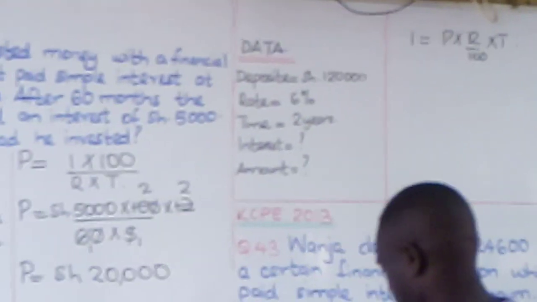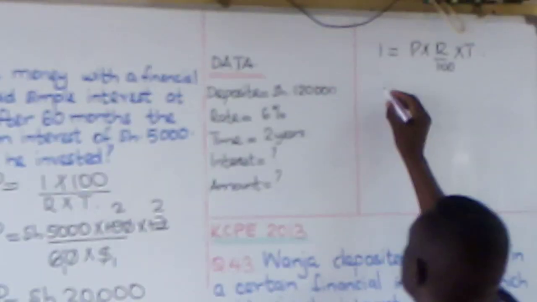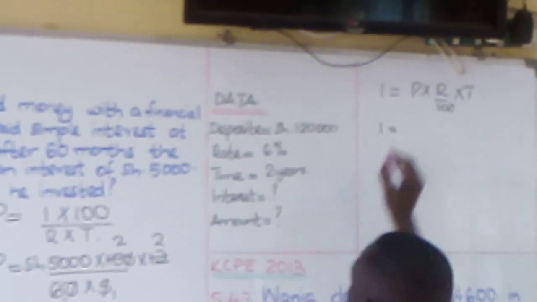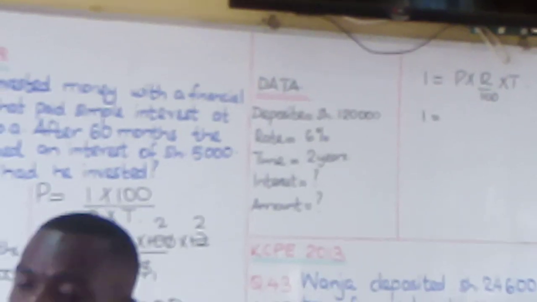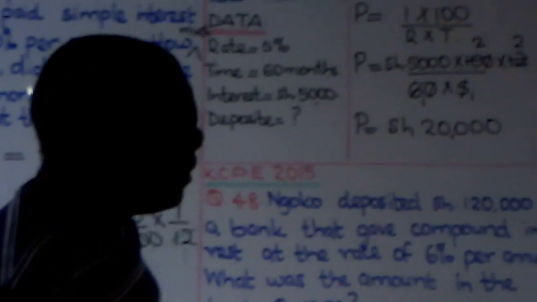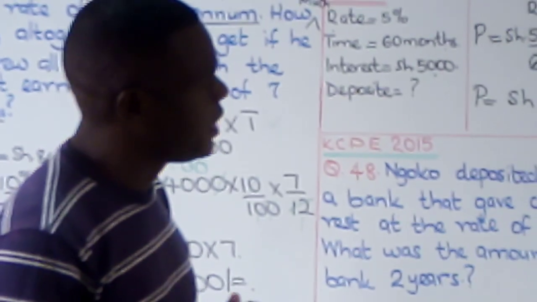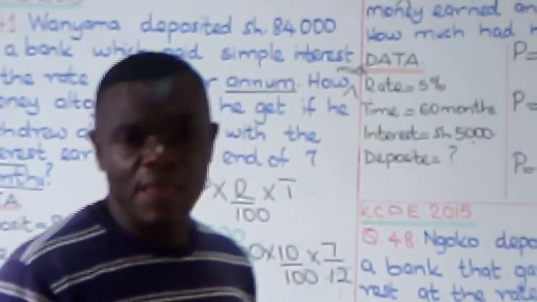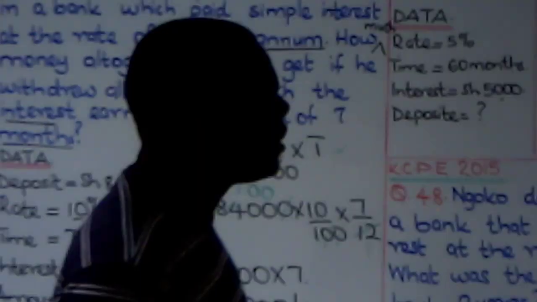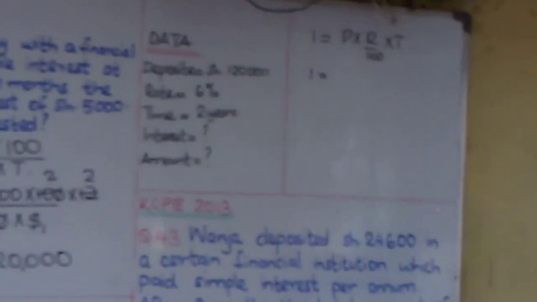Very good. Let us find the right interpretation of the formula. Doris Wakio, can you substitute the right figures in that formula? What is principal, what is rate, and what is time? Doris?